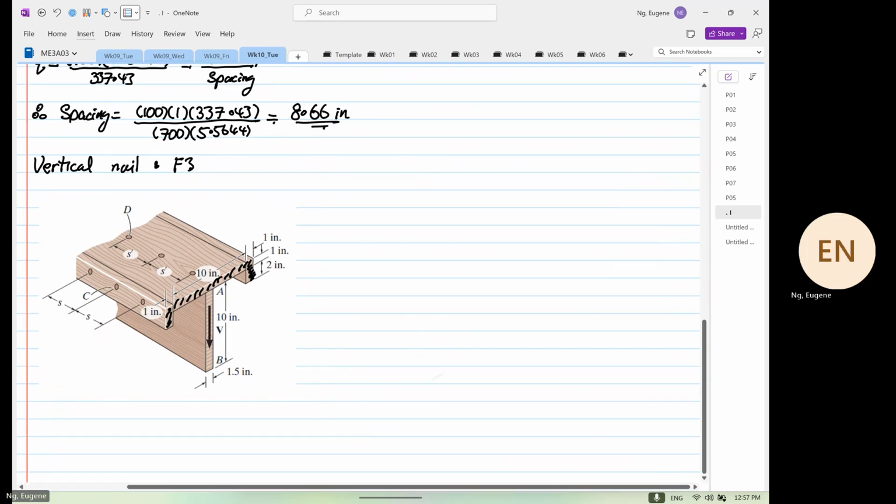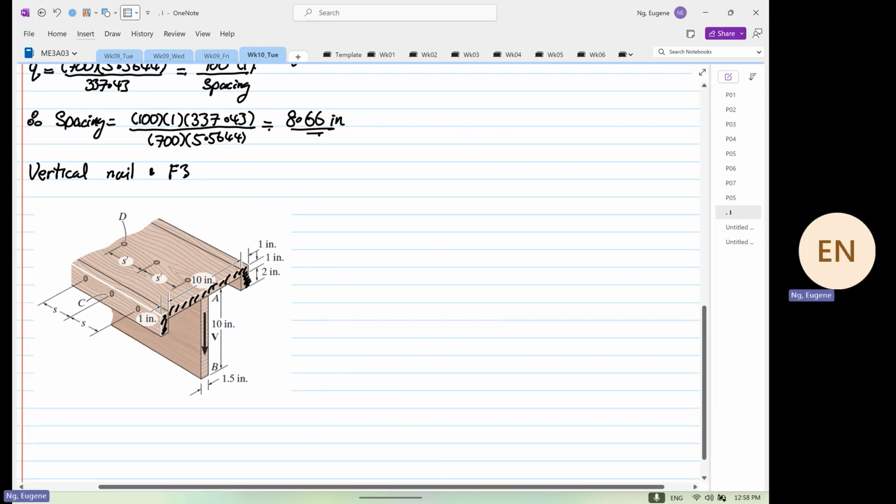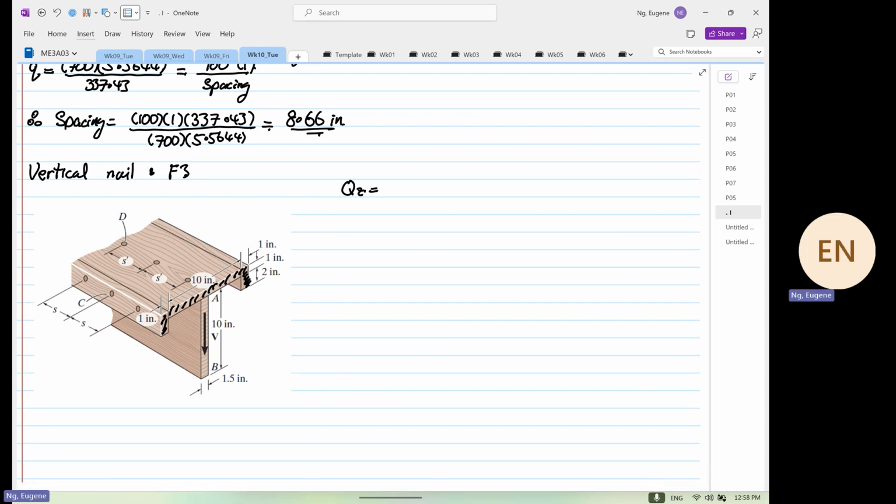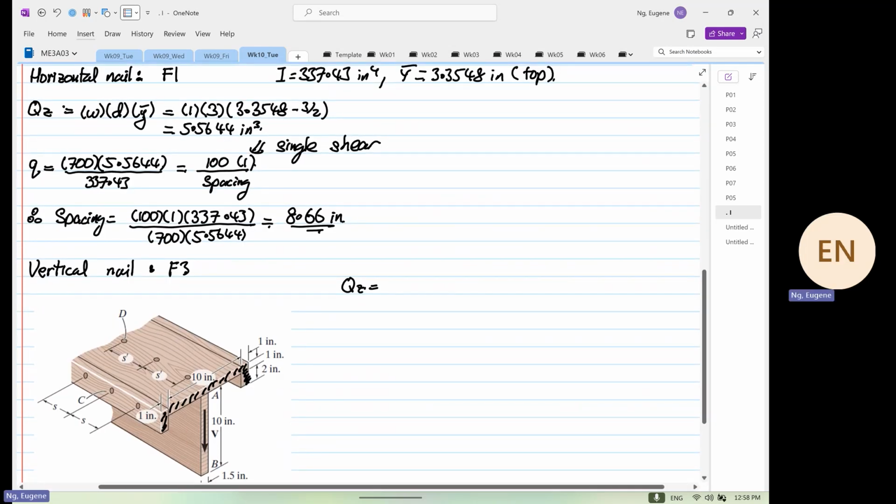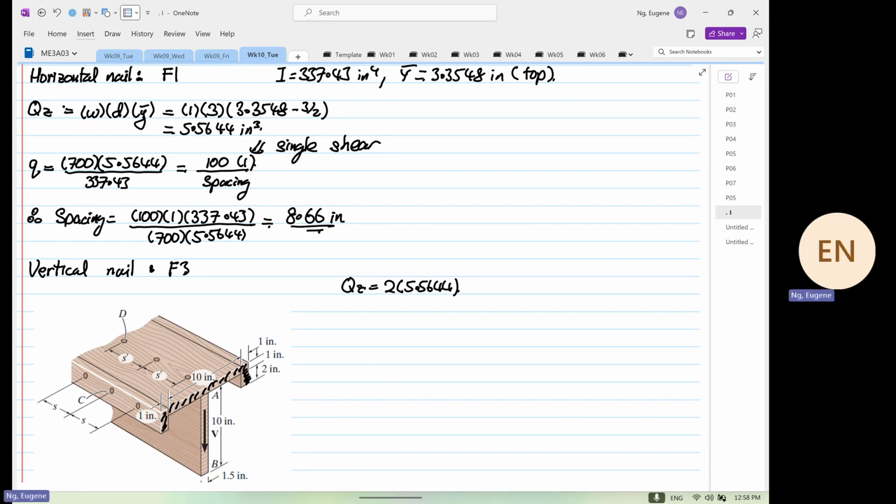Okay. So now we are going to calculate the Qz. So we know that this is twice 5.5644. Now, why the twice of 5.5644 is from here? These are for the minor web, for the small web.